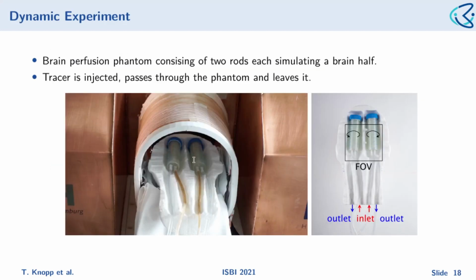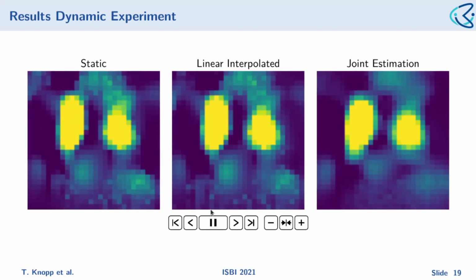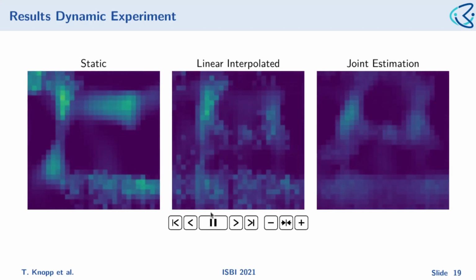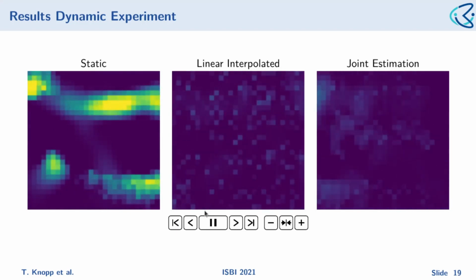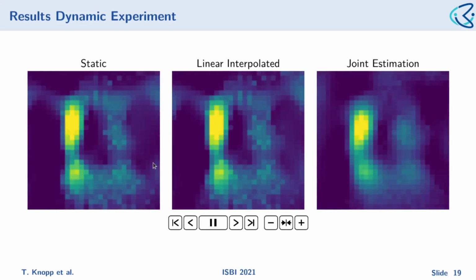We finally also performed experiments with a dynamic change in tracer concentration. Here we can see a brain phantom consisting of two brain halves that are perfused via two ingoing and two outgoing hoses. The results of this experiment are shown here. It can be seen that both brain halves are perfused and then leave the phantom.